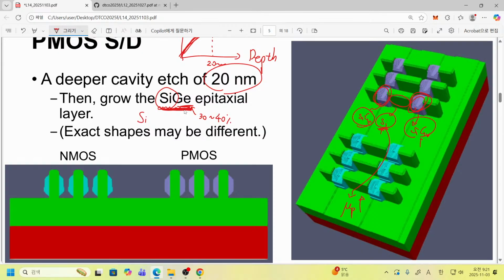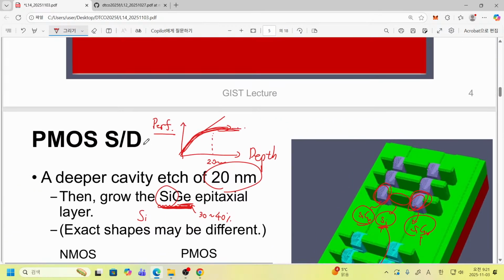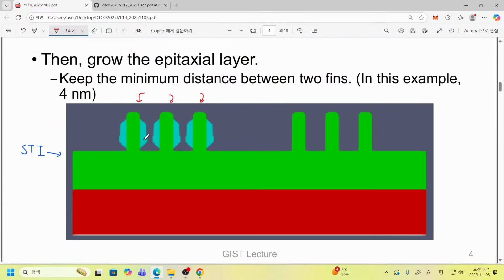So now you understand the necessity of PMOS cavity etching quite well. Let's say that we don't make any kind of cavity etching for silicon germanium or P MOSFET. Then what will happen?